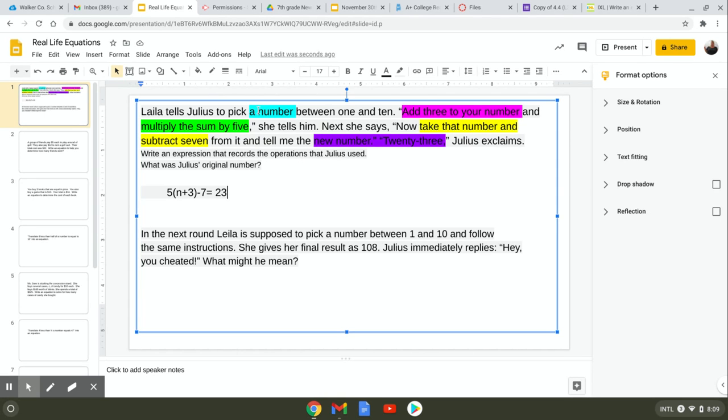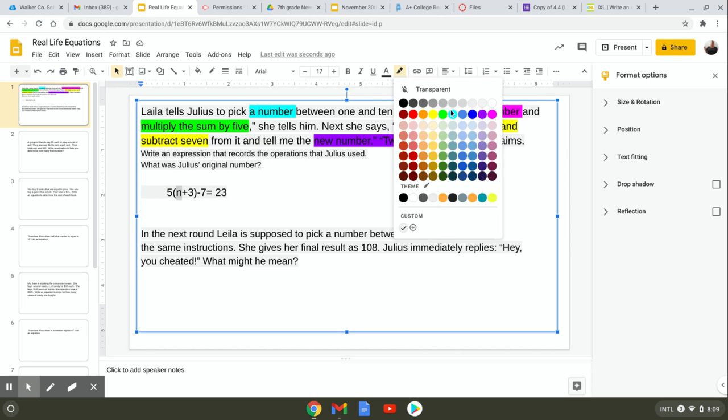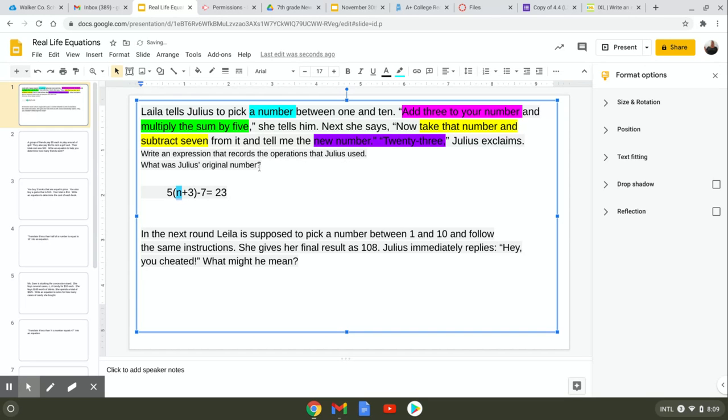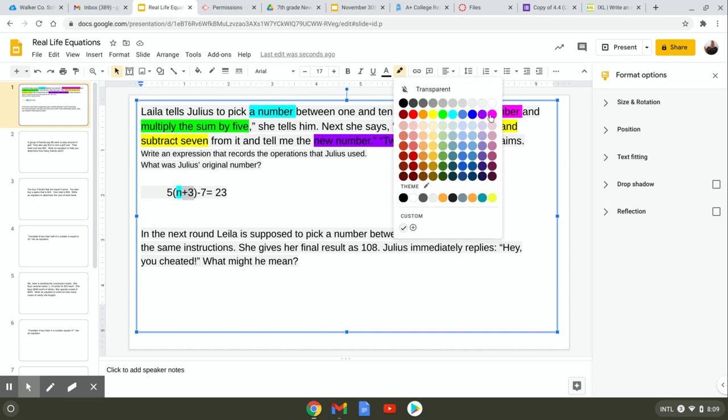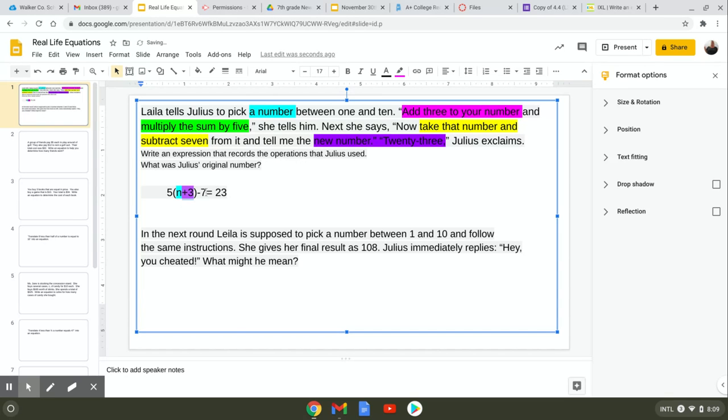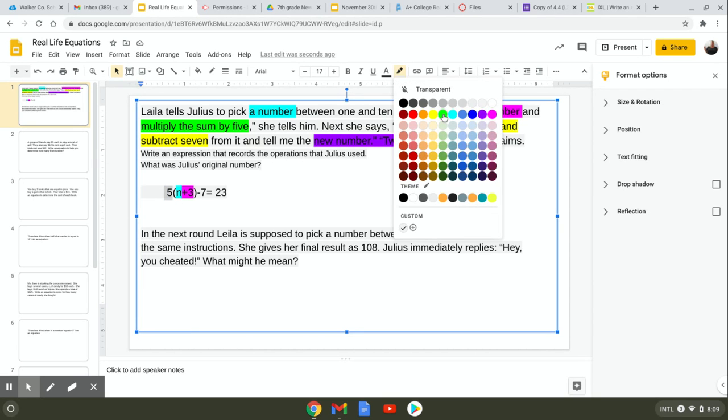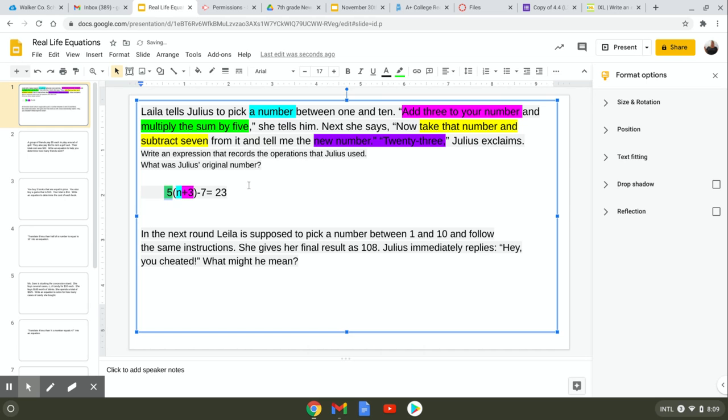So we had a number, which was blue. And then it says add 3, which is this purple part. Then it says to multiply the sum by 5, which was this green part. Then it says subtract 7, which is this part.